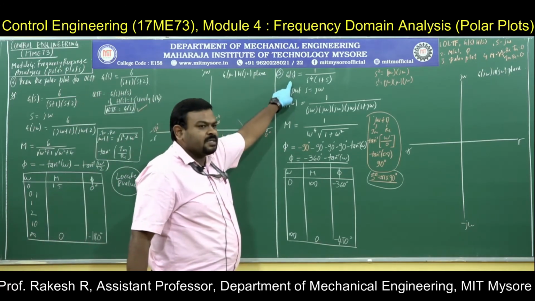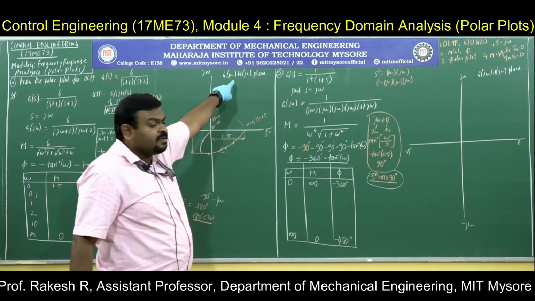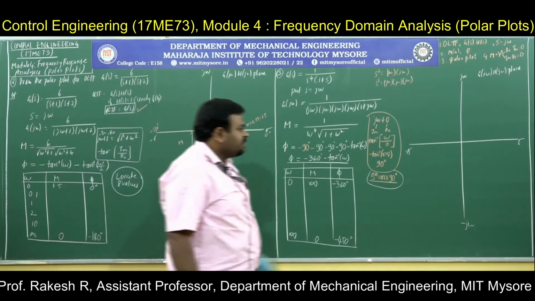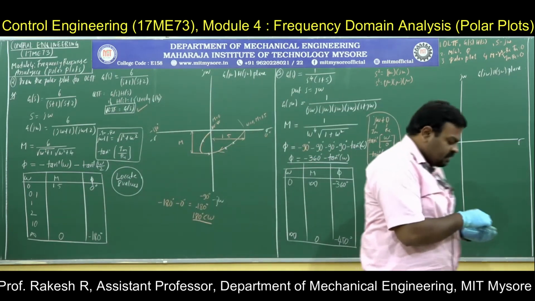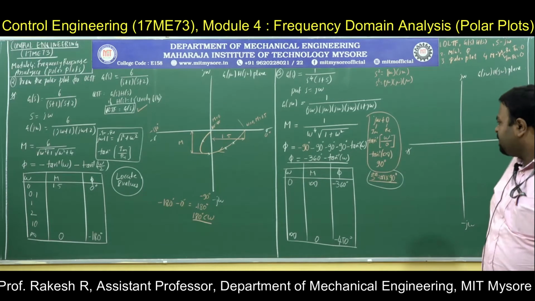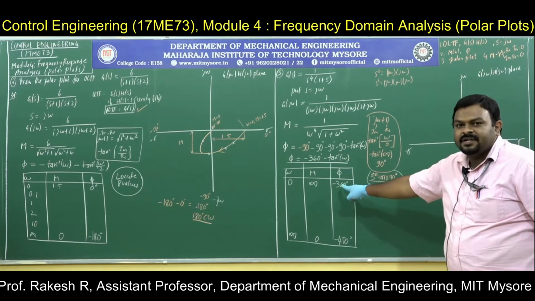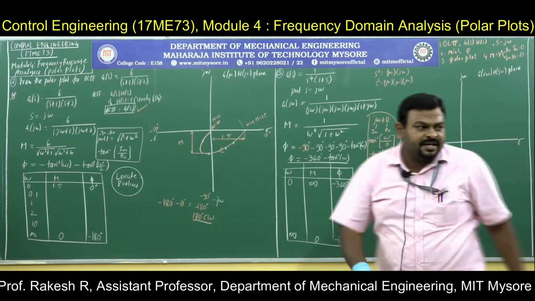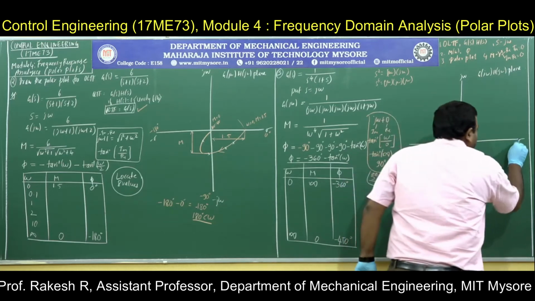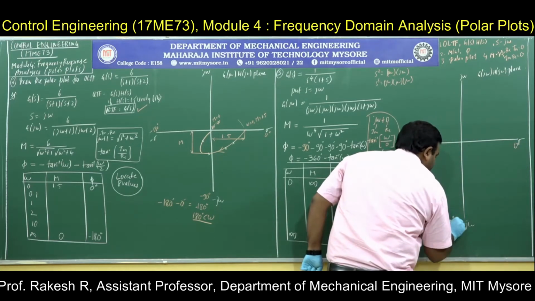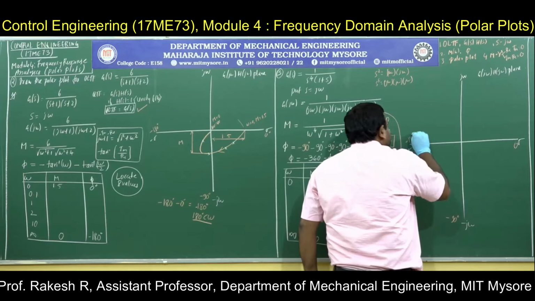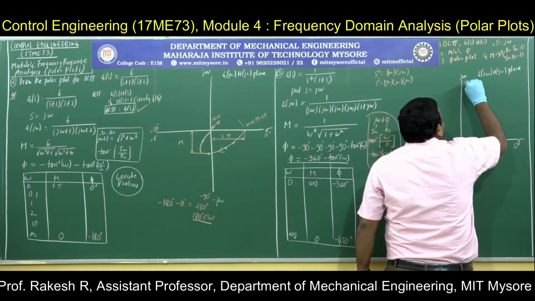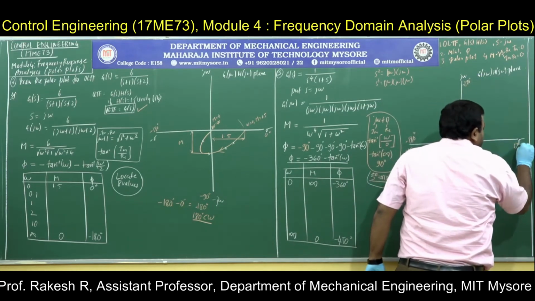This itself is frequency response function. You will be drawing the plot in this plane. Let us start the problem. The minimum condition, what is the minimum condition here? Minimum condition is minus 360. Minus indicates you need to move in clockwise direction: 0, minus 90, minus 180, minus 270, minus 360.